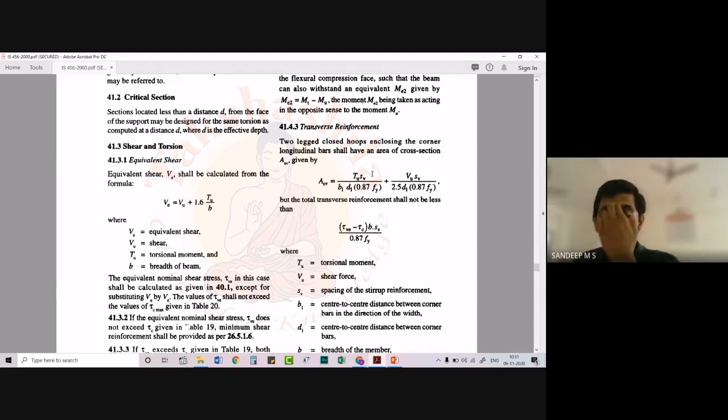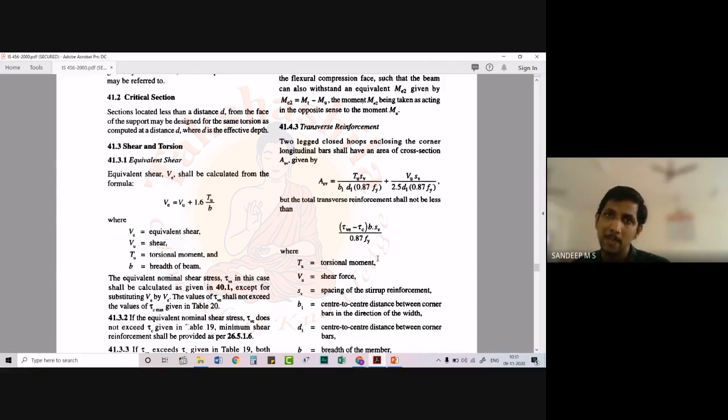So finally you have to provide the larger ASV. Suppose from this equation I obtain 200 millimeter square, and from this I obtain 250 millimeter square. So I have to provide 250 millimeter square.